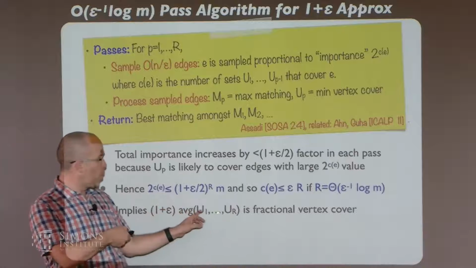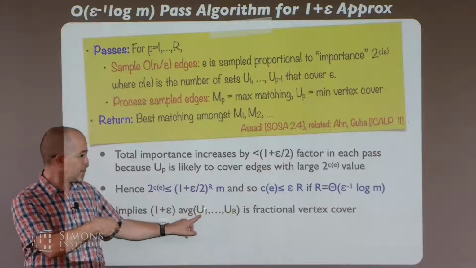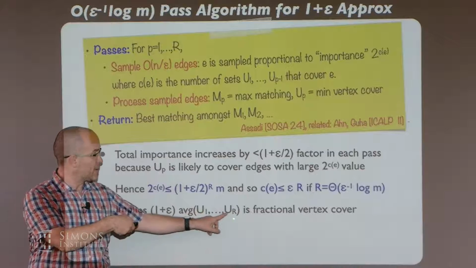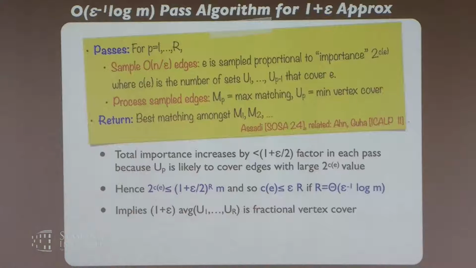By the average of U1 up to UR, if you think of these as just integral vertex covers, you can write them as vectors of 1s and 0s. So here I'm just summing up the vectors and dividing by R. That's my fractional vertex cover. And now I can complete the argument pretty easily, at least in the case of bipartite graphs.